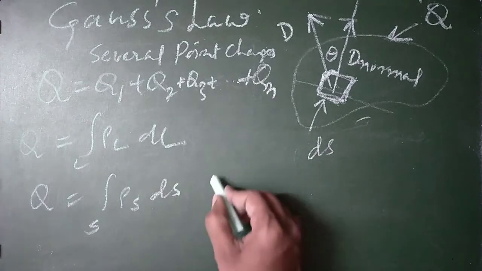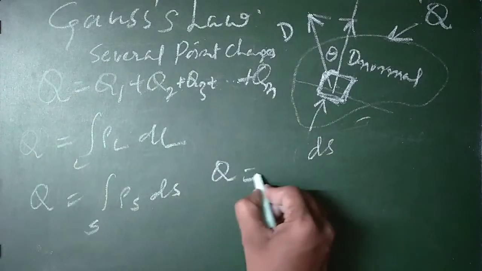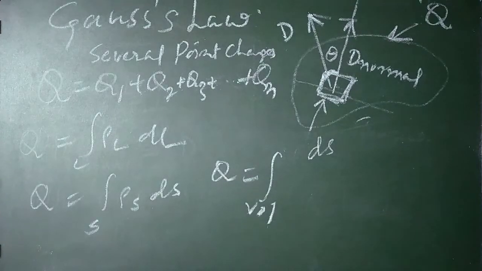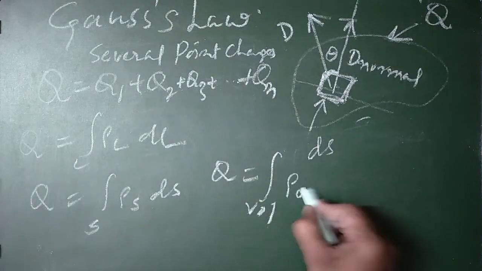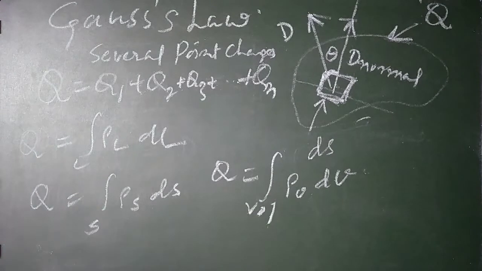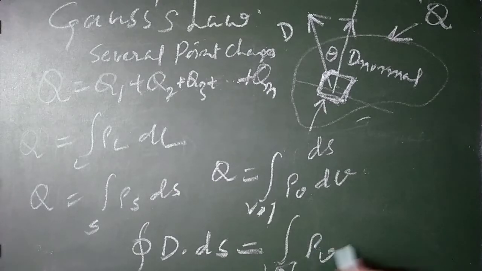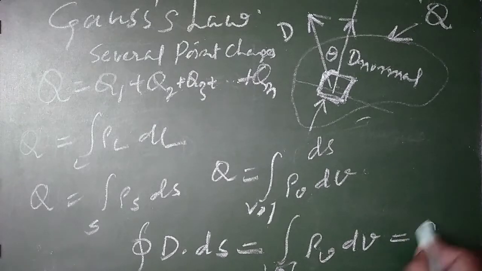For volume charge Q equals integral of rho v dv. Gauss law: closed integral D dot dS equals integral of rho v dv, which equals Q.